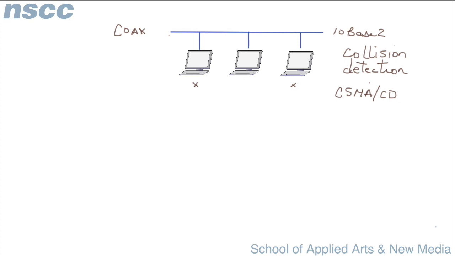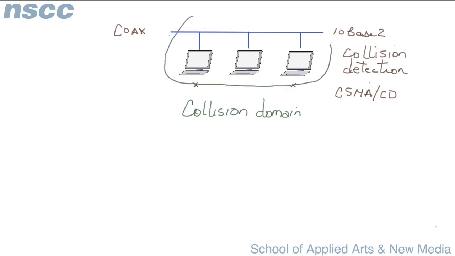And what we had here, there was a term called collision domain. All these computers were in what was called the same collision domain, because a collision could occur between any of these computers if they both transmitted at the same time.